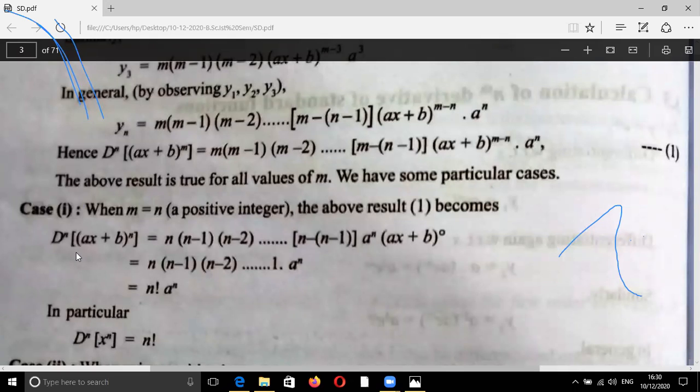Now the nth derivative of (ax plus b) to the power n equals, wherever m is there, you are replacing by n, so that you are getting n into n minus 1, n minus 2, so on to 1 into a to the power n.